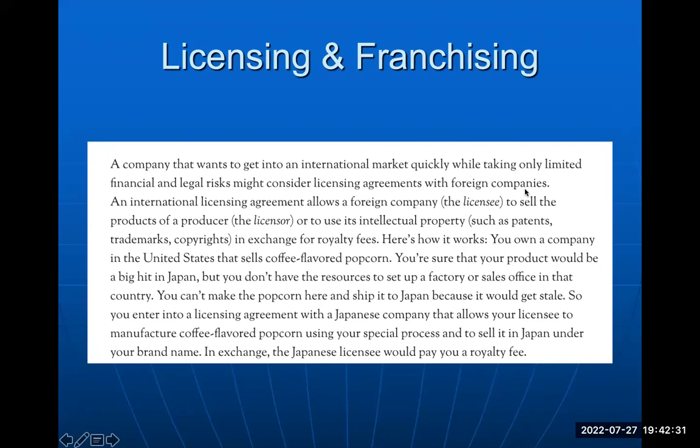An international licensing agreement allows a foreign company, called the licensee, to sell the products of a producer, the licensor, and to use its intellectual property, whether it be patents, trademarks, or copyrights, in exchange for royalty fees.